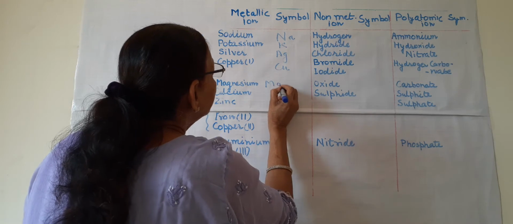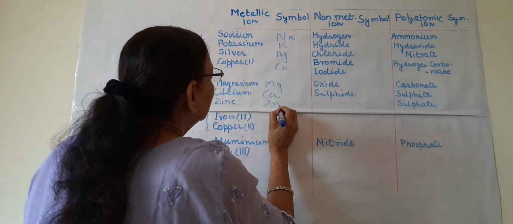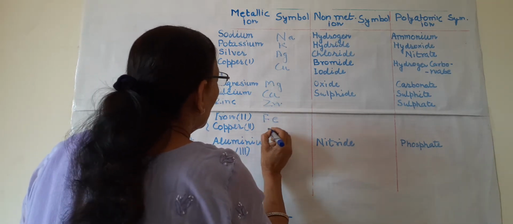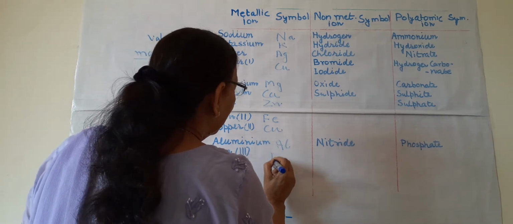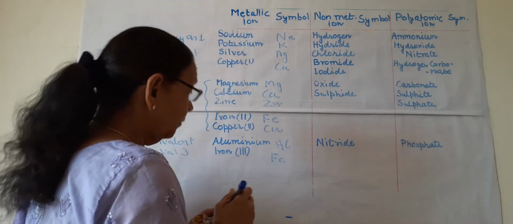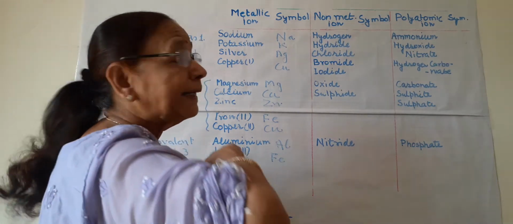Magnesium Mg, calcium Ca, zinc Zn. Then iron Fe, copper Cu, aluminium Al, and iron again Fe. So these are the symbols of metallic ions.